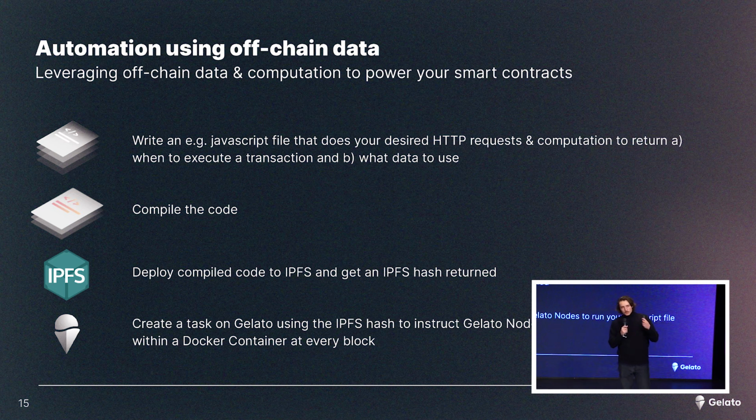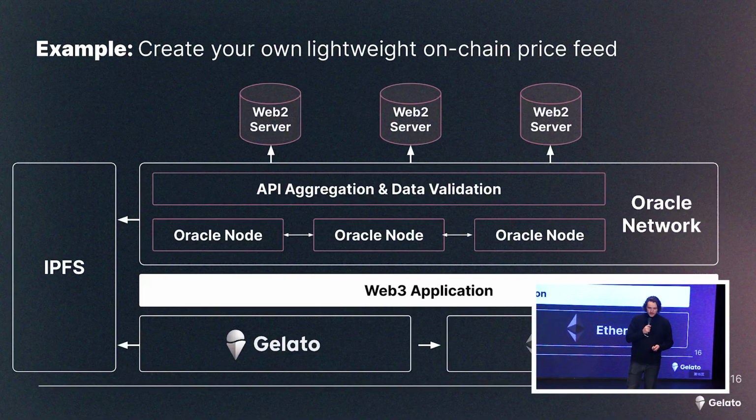This code gets compiled, you can push it to IPFS and then tell Gelato, by creating an on-chain task, that it should run this particular file in a Docker container, and then run the logic inside of these nodes to automate whatever you want with calling arbitrary off-chain data.